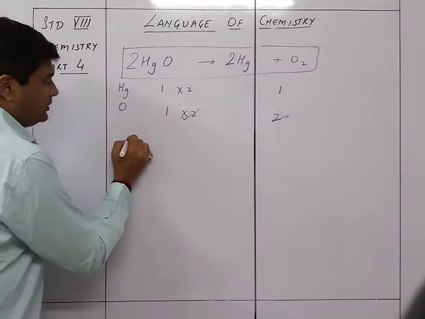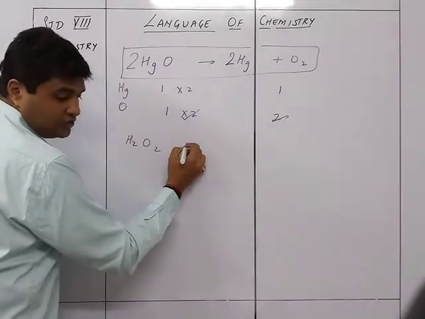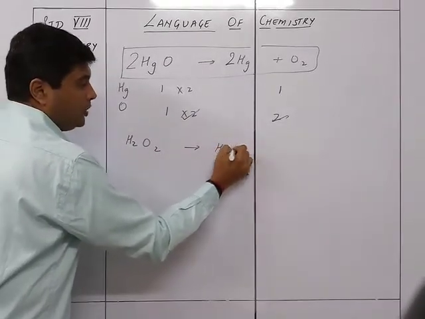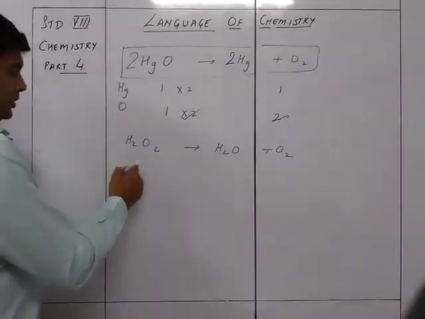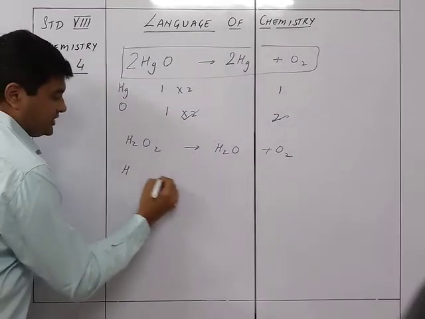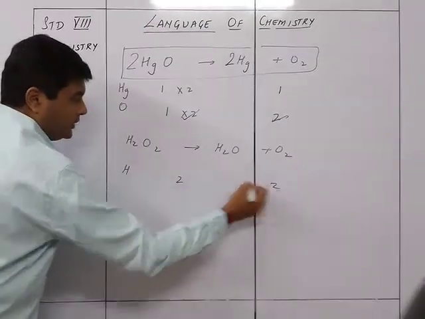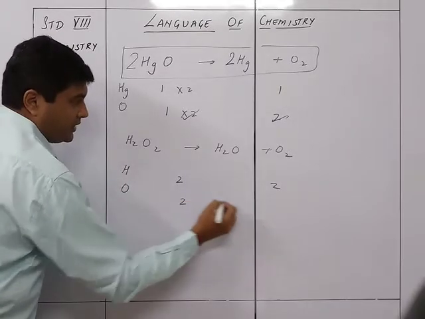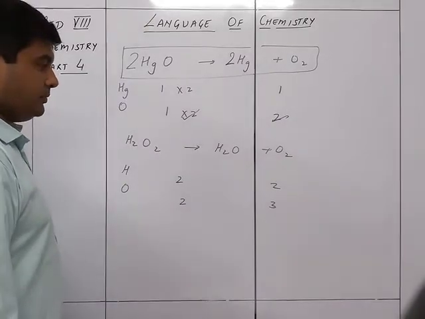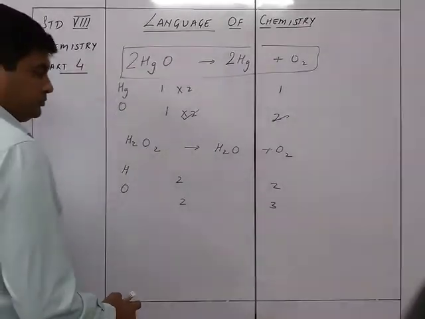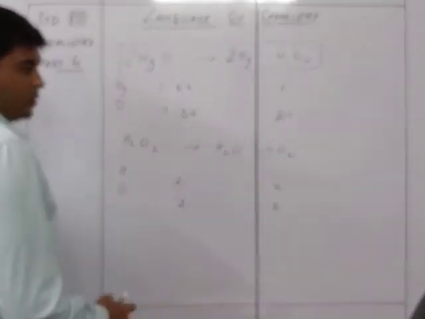Let's see the next one. 2H2O2 gives me H2O plus O2. So you have hydrogen over here, which is 2 here and 2 here. O, which is 2 here and 3 here. Okay. So again the same way as I told you earlier.